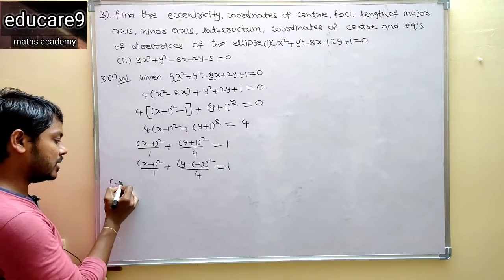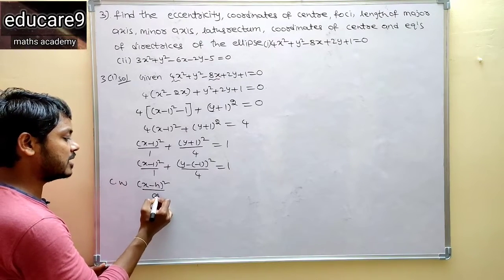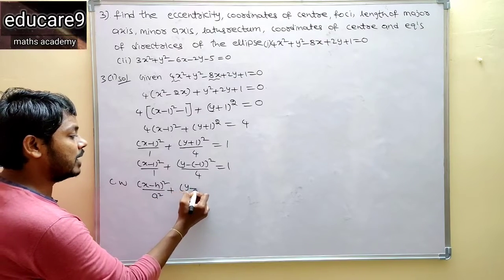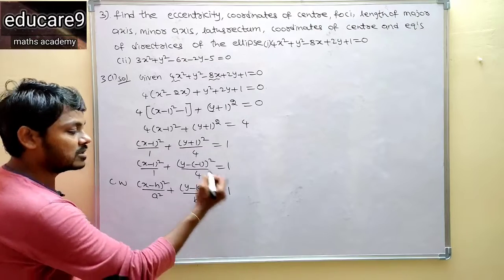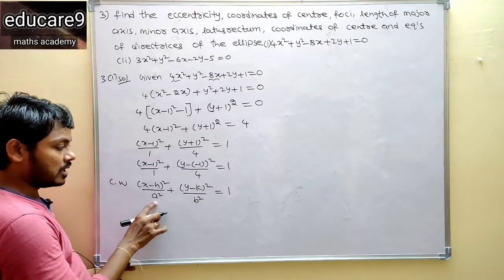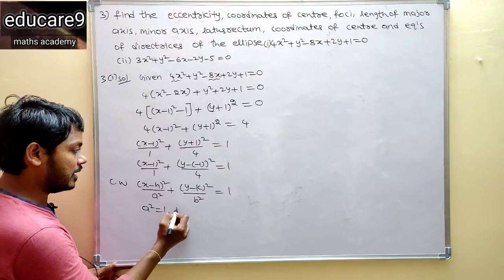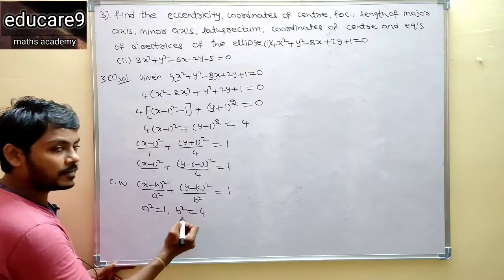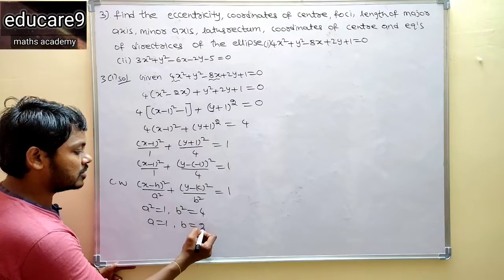So comparing with (x minus h) whole square by a square plus (y minus k) whole square by b square is equal to 1, here a square is equal to 1 and b square is equal to 4. So a is equal to 1 and b is equal to 2.